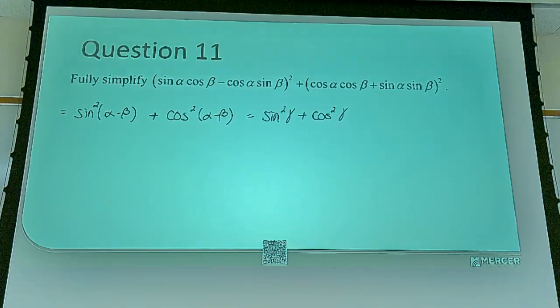Again, just to make it more obvious, do a change of variable. Call it gamma, alpha minus beta. Well, then we have sine squared of gamma plus cosine squared of gamma. What does that equal?